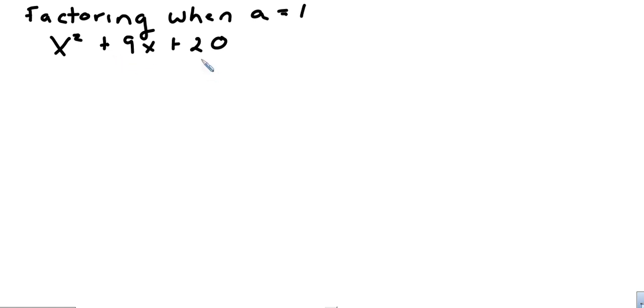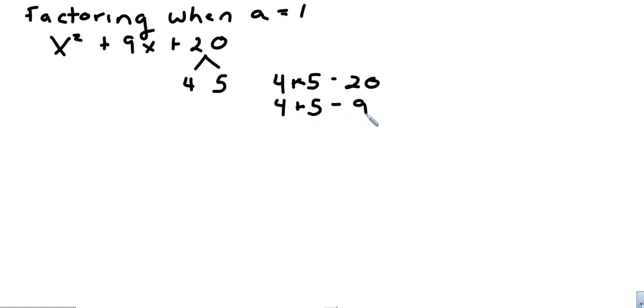So we want things that multiply to give me 20 and add to give me 9. And we could make the entire list of factors of 20, but it should be fairly obvious that we are looking for the numbers 4 and 5, because 4 times 5 is equal to 20. 4 plus 5 is equal to 9.